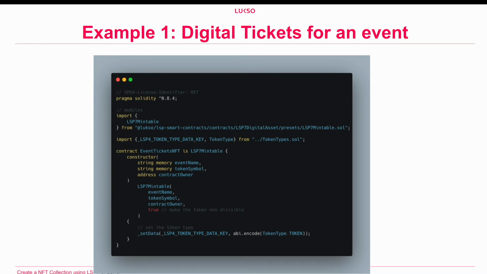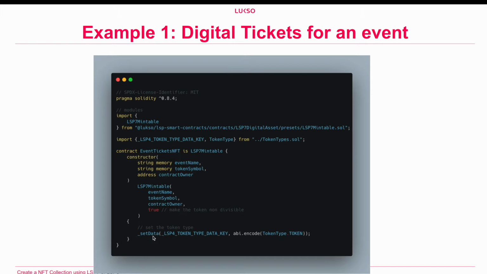So this is an example of how we can represent an event ticket as an NFT using LSP7. As you can see, we just inherit the LSP7 mintable contract, and we define the name of the event, the symbol of the token, and who owns the contract. We mark this contract as non-divisible, meaning that when you get a digital ticket for the event, it's a full ticket. You cannot split the ticket in half, which is the non-divisible parameter here.